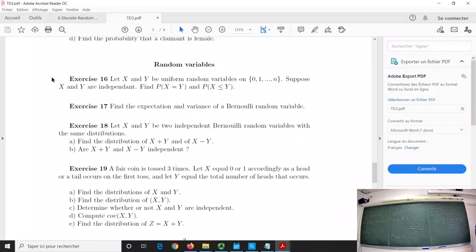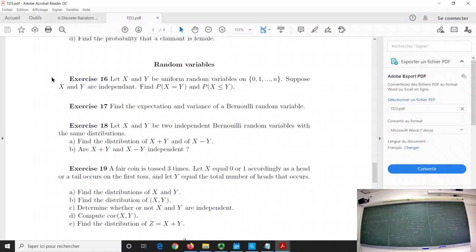P of A. If they are independent, the probability is the same as the conditional probability. So using the independence, I obtain the probability that X is less than k.